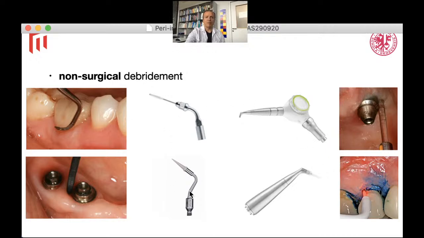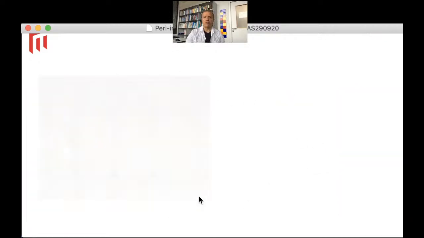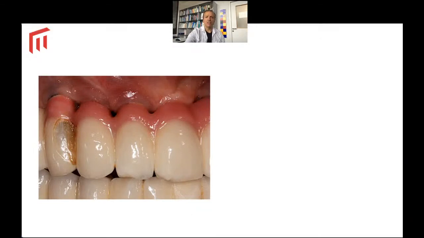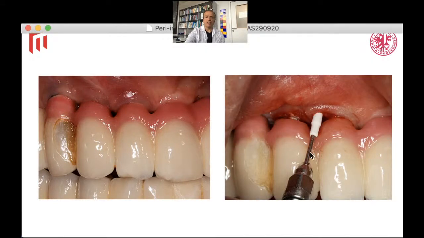As I said, these are quite popular. However, they are not so handy to use. As you will see in this case here, they are rigid, quite thick, and difficult to get into the pocket, and in many cases it is impossible to bypass the curvature of the prosthesis in order to go easily into the pocket and have a tip parallel to the implant axis.